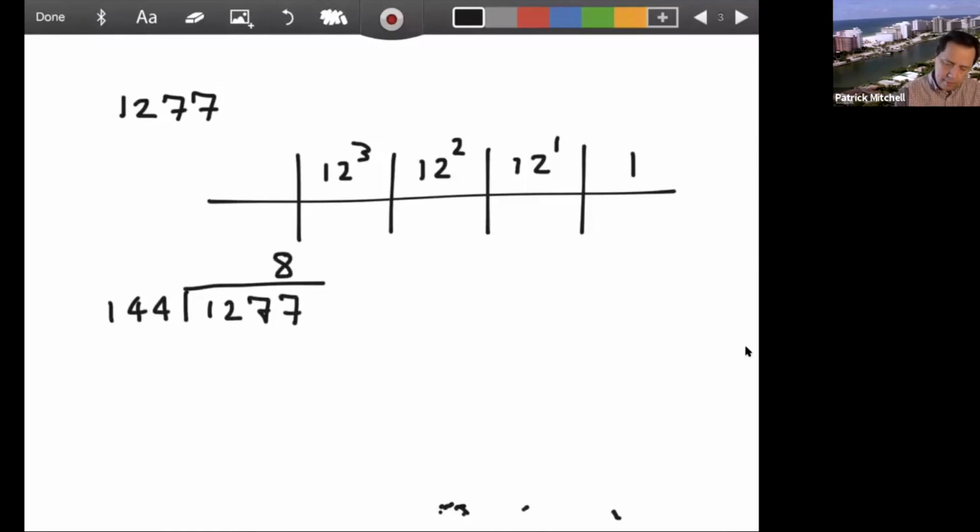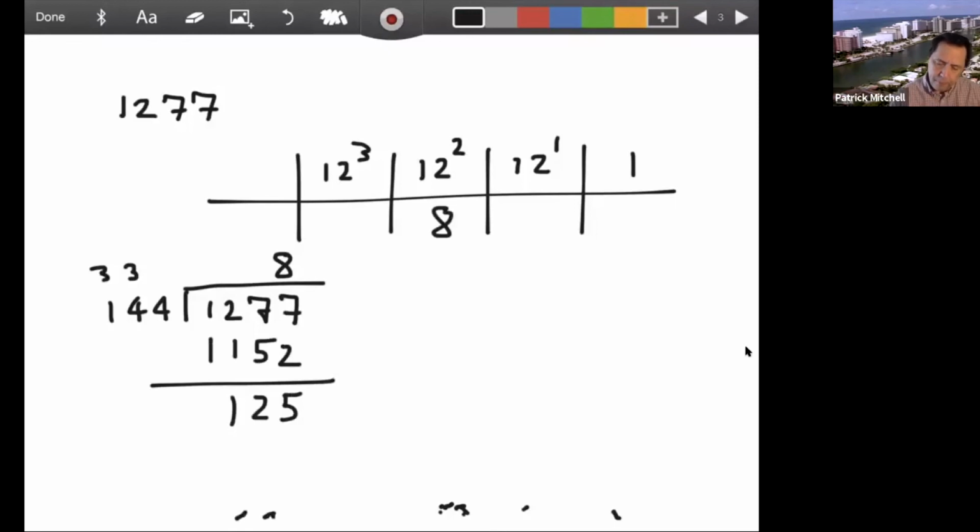And 8 times 144 is 1,152. The remainder is going to be the next number that I divide 12 into, so I do need that remainder. That remainder is 125. So I know I'm going to put an 8 under here.